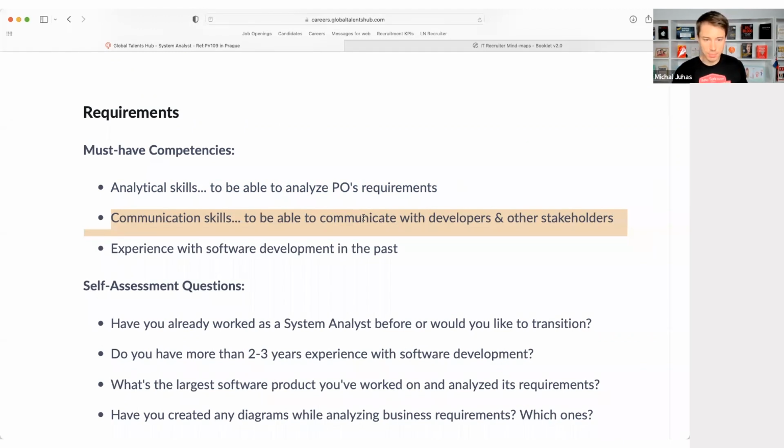Not clients necessarily, because the product owner would be interacting with clients, with customers, but this system analyst needs to be able to communicate with the product owner.